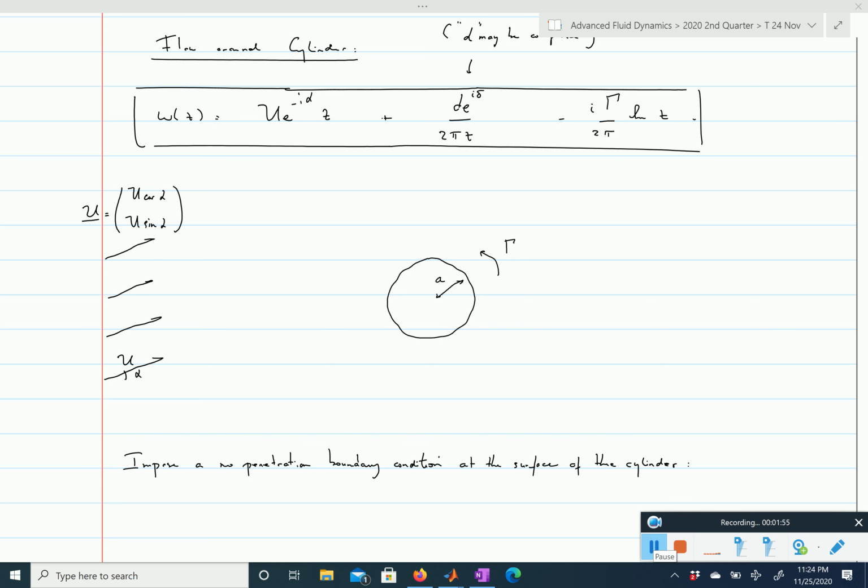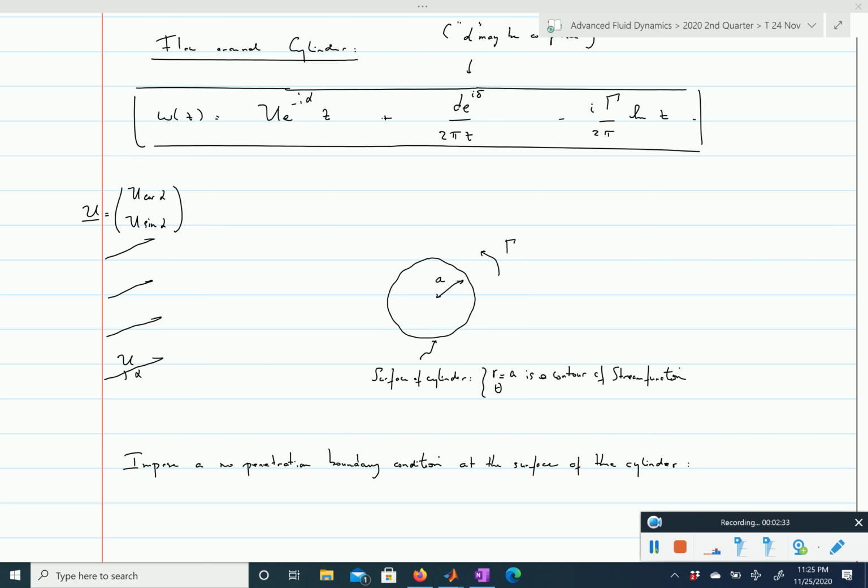But this time, instead of imposing it by saying that the velocity normal to the interface has to be equal to 0, which is the standard no penetration boundary condition, we are going to use the complex potential and simply state that the surface of the cylinder, so this curve here, which has an equation r equals a, and theta is free, is a contour of the stream function.